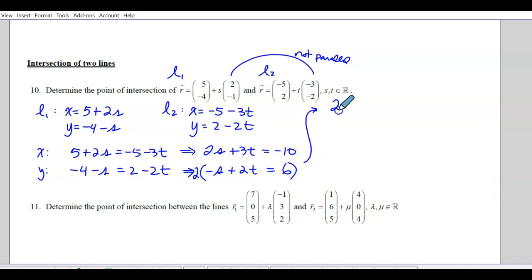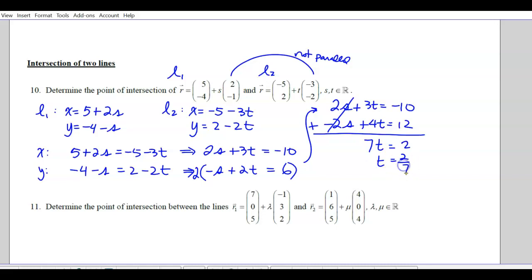So my first equation, copy that out, and my second equation. And then I'm just going to add them together. So that goes away. 7t equals 2. So t equals 2/7.